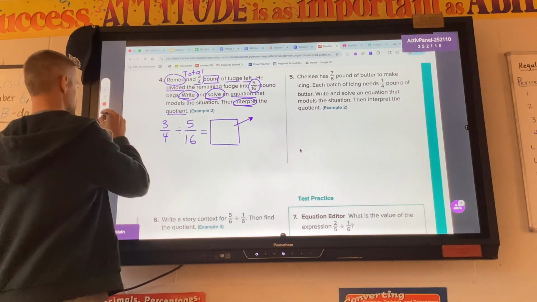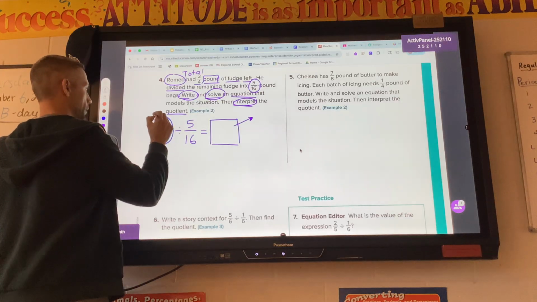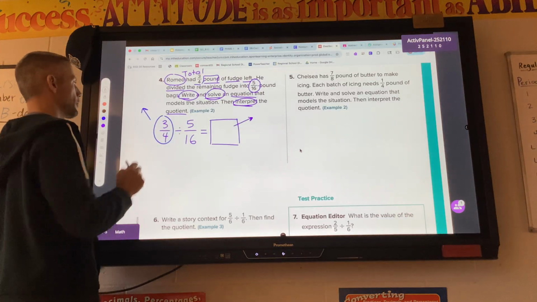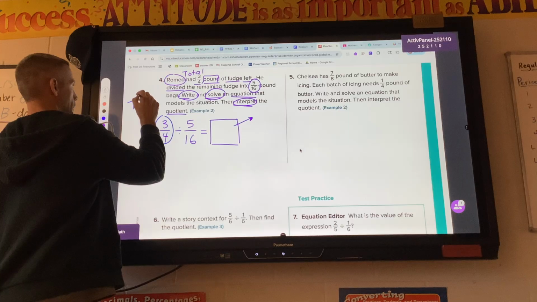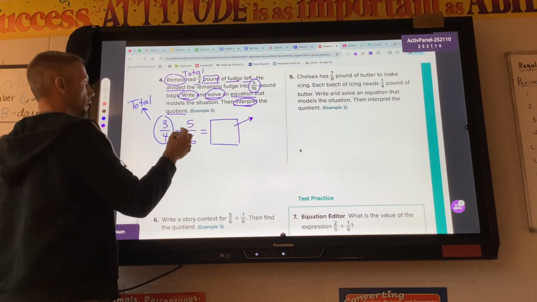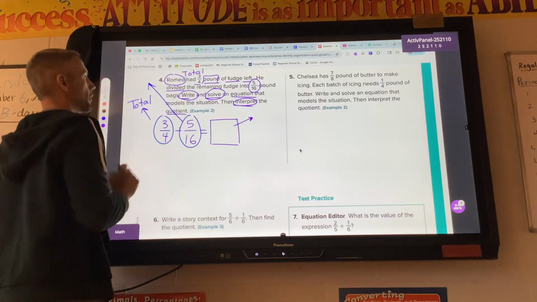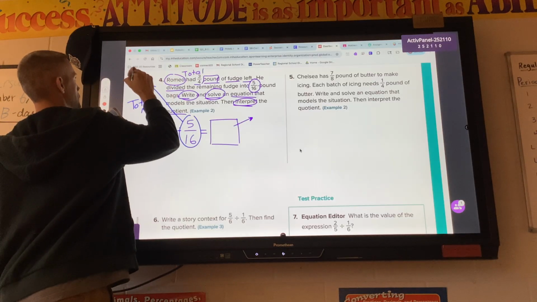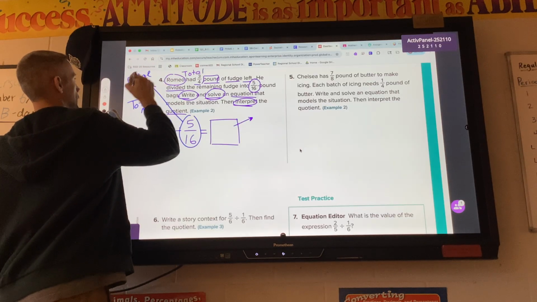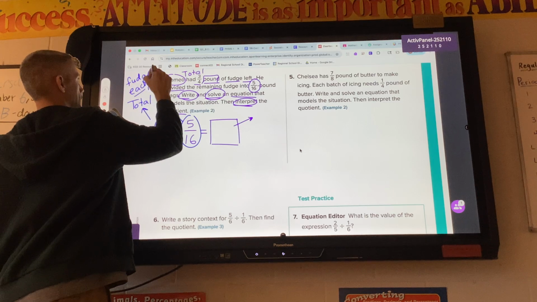So what I like to do is I'll use a different color so you can see it. Over here, we can label this, I already did on the top, this is the total amount of fudge that we have to split up. And this number is going to represent the amount of fudge in each bag.